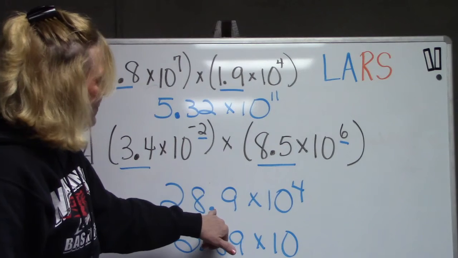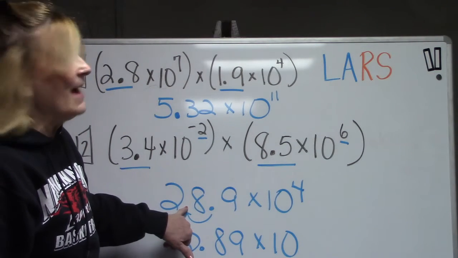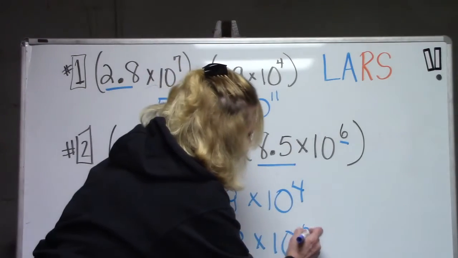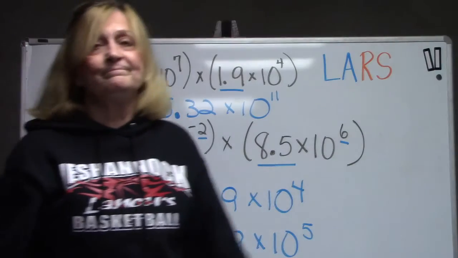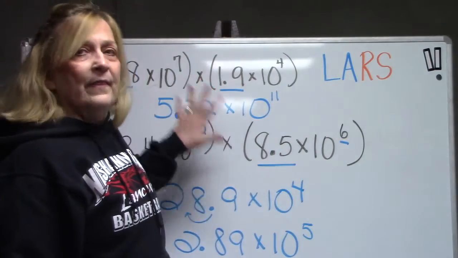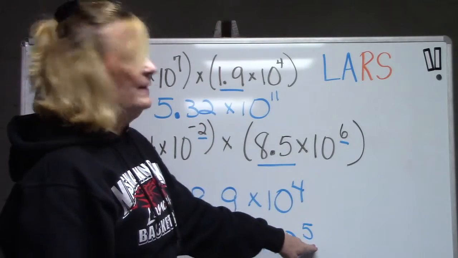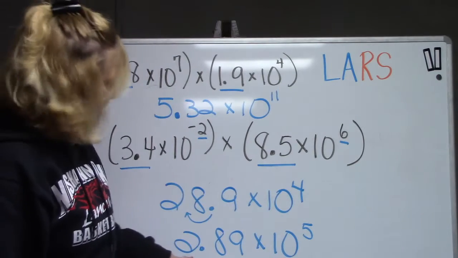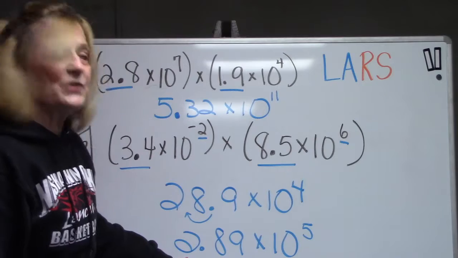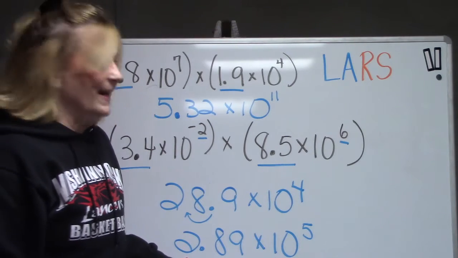When I move the decimal place 1 place to the left, I have to add an exponent, so that makes it 10 to the 5th. Okay? So it's kind of like this lesson plus 2 lessons ago. Remember how we learned to adjust the decimal point? So it has to go right here, because what comes before it has to be 1 to 9, including 1 and 9.